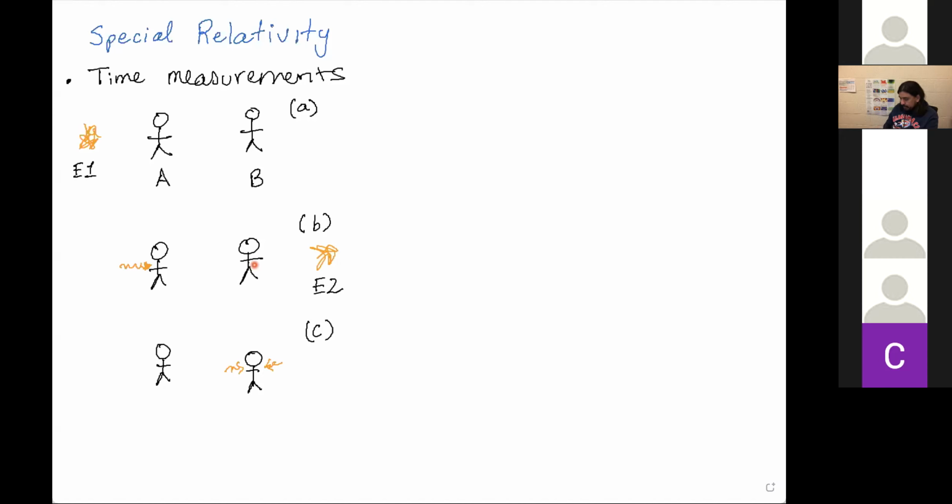But then at this point in time, this guy would say, oh, E1 and E2 happen simultaneously. So the observers do not agree on the sequence of events. For observer B, the observation is that they're both emitted, they both got to him at the same time, so he thinks it's simultaneous, and so forth.